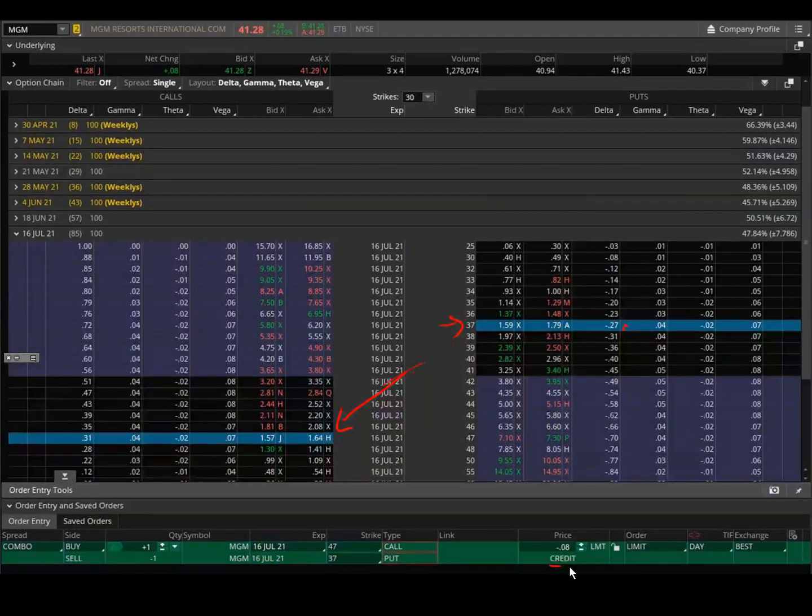Now notice, with this underlying, it's trading at $41.28, right? I'm doing a 37 and a 47, right? You would think the underlying, if it were at 42, would be equal distance between the calls and the puts, right?